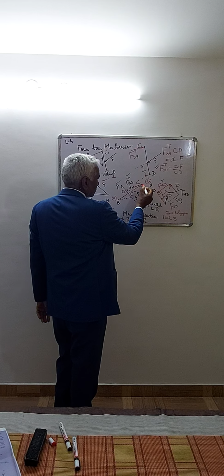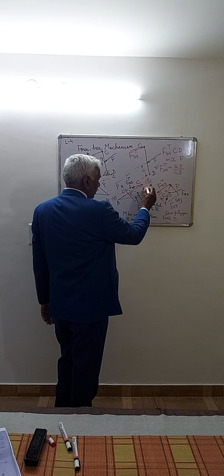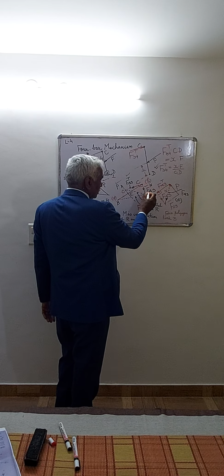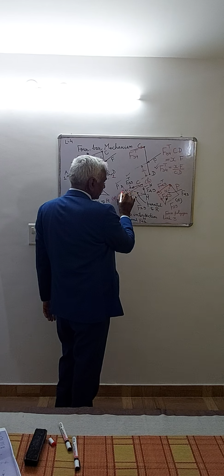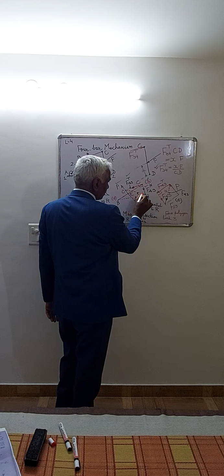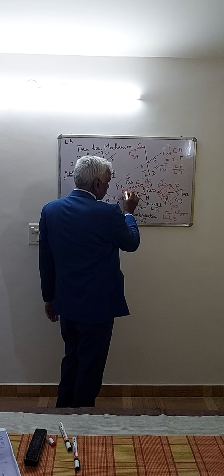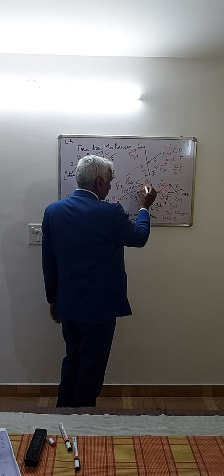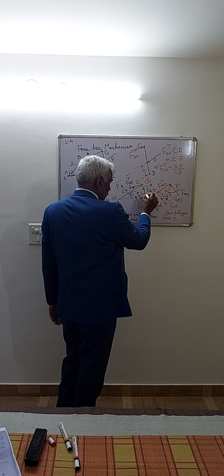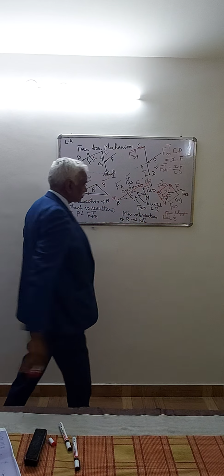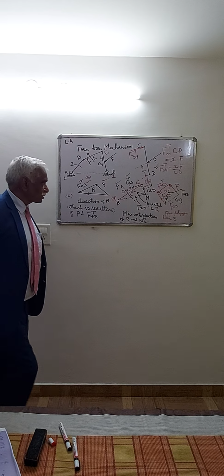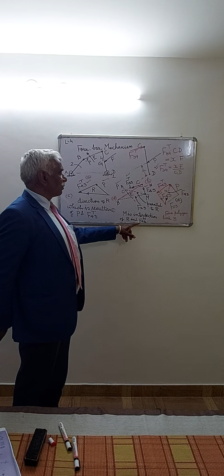The line of action of this force F43N intersects the direction of the resultant R. This line and F43N intersect at point M. Point M is the intersection of R and F43N.